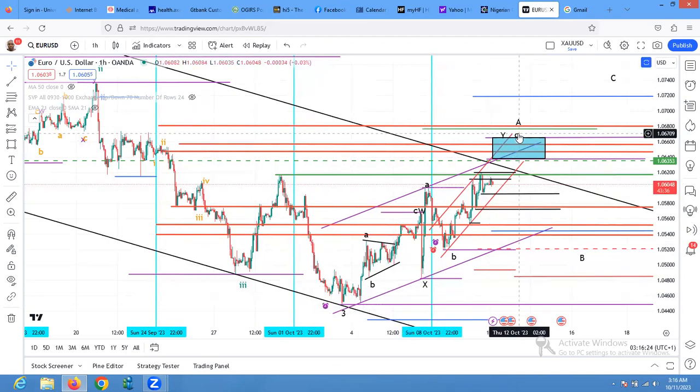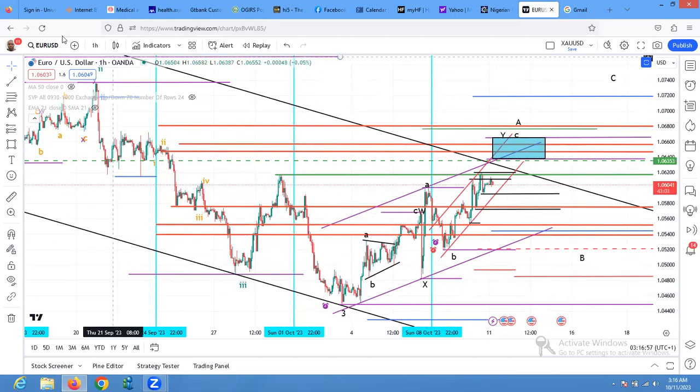Since we are seeing this now potentially as wave 4, and wave 4 is not close to being completed at all, because this is highly corrective, I do not see us running wave 5 to the downside. I don't think so. Because it's highly corrective here, we might just see an A, B, and a C.